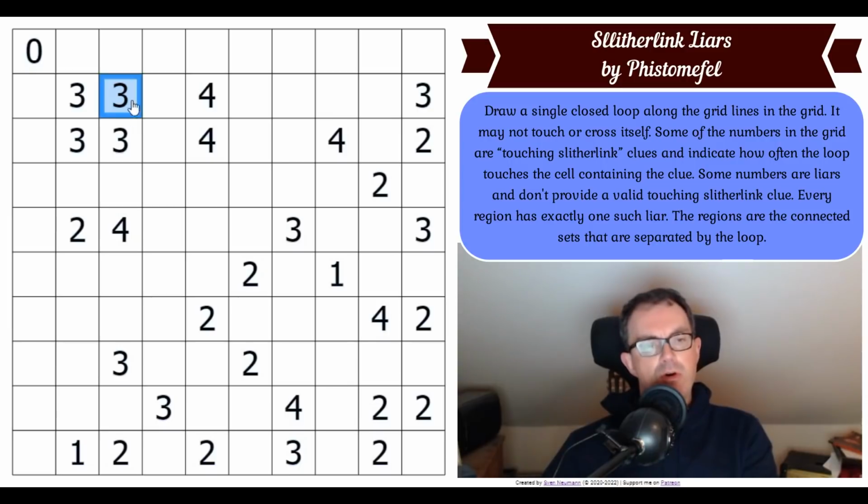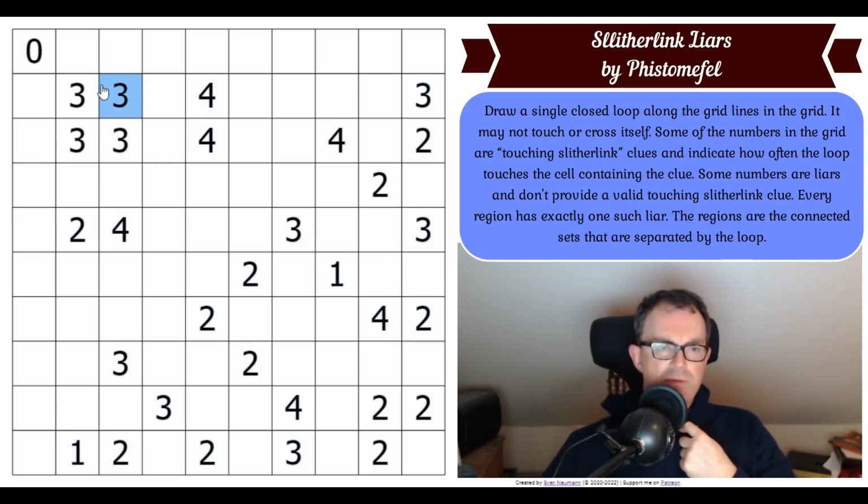What then are the options for how this 3 clue looks? So that's what we're going to think about. And the problem is, I think the answers to that are legion, because let me just think about this for a second.